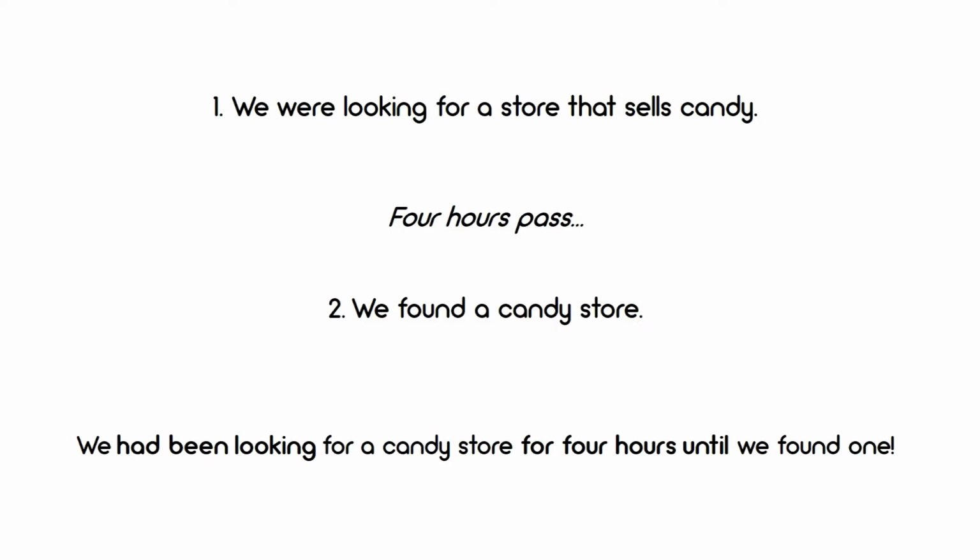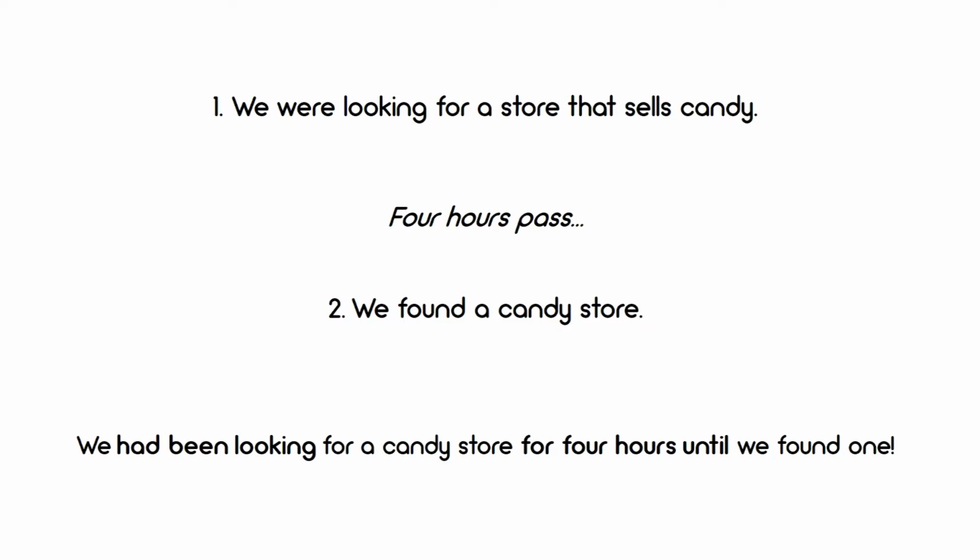Now we're going to look at an example of the past perfect continuous. Remember that this tense also has two events. First, we were looking for a store that sells candy. If we have 4 hours that pass in between the time for the second event when we found a candy store, we have an event that started in the past, was continuous, but also stopped in the past.